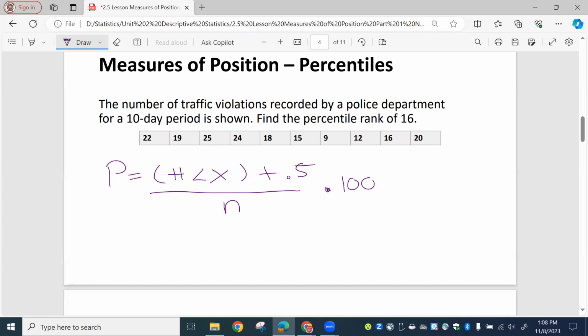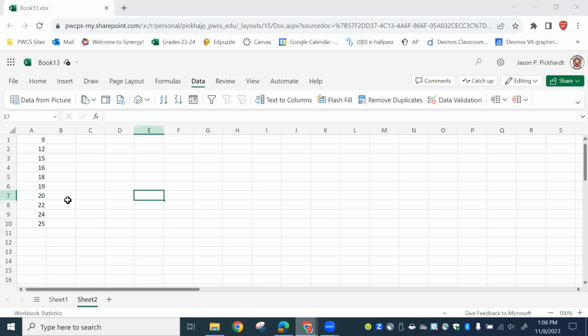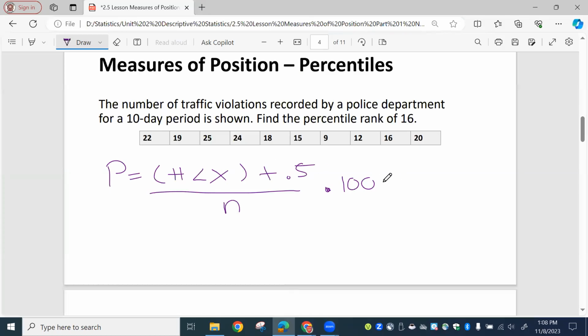So if we look at the number of data points that are less than 16, there are 3 of them. And so that is our number less than X. There are 3 values less than our data point we're interested in. We're going to add 0.5. We have 10 data points, and then we're multiplying by 100.